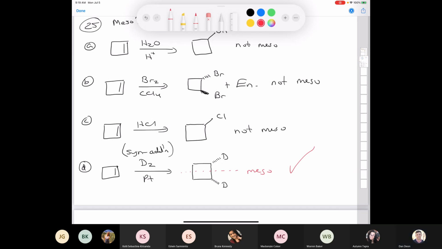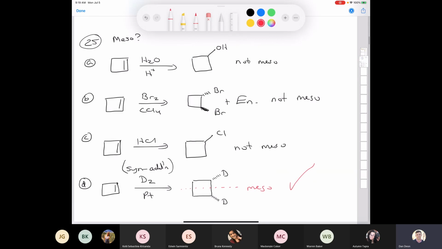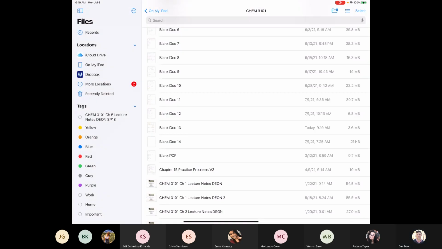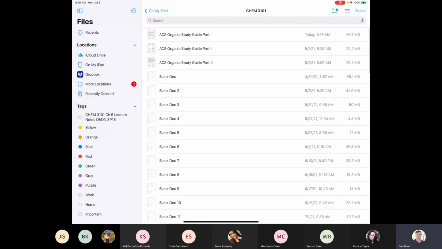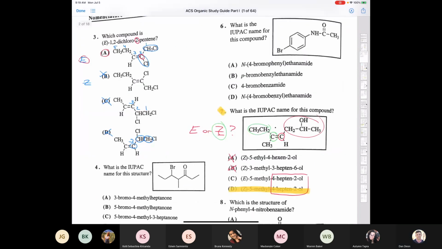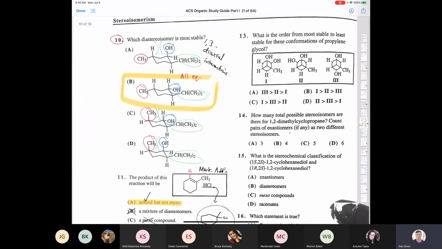All right. And that is the last question in the section on stereochemistry. The next section that we're going to look at deals with nucleophilic substitution and elimination. That would be more chapter 7, really a major focus on chapter 7. There we go. So let me go back here. And there we go.